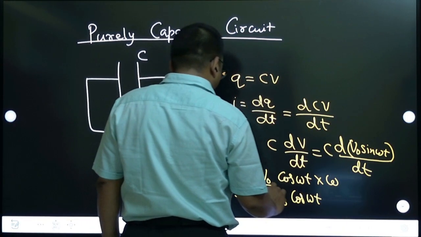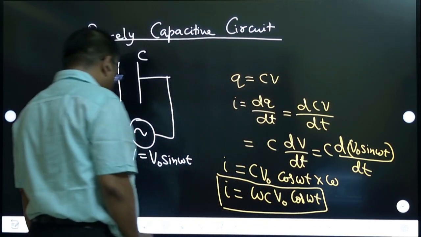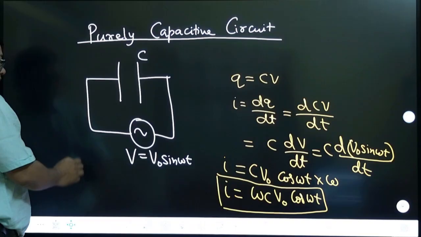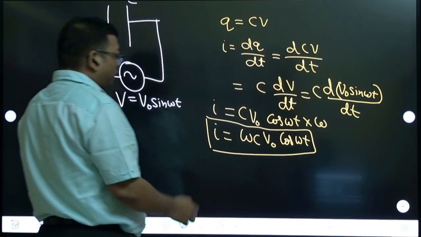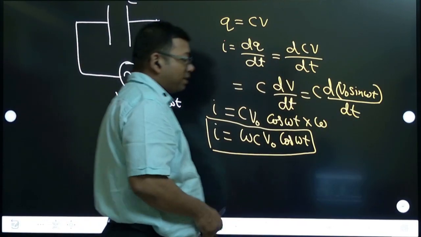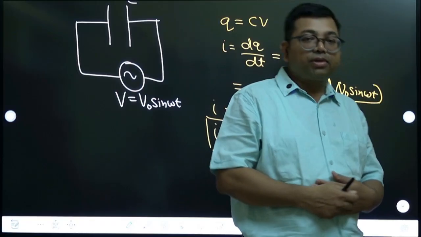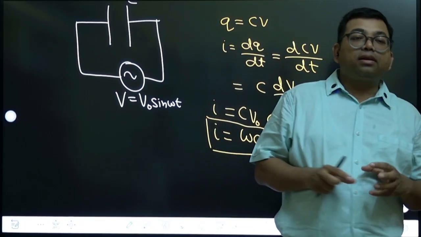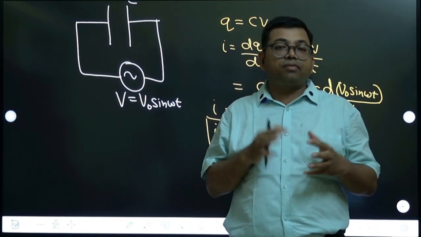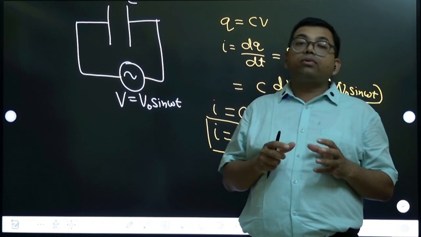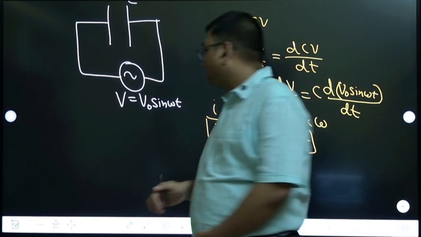I think we have covered this, isn't it? Okay. Anyway, let us summarize. I think we have completed the fundamental AC circuits. Now let us briefly review these fundamental AC circuits, and then only we will go to the series LCR circuit.